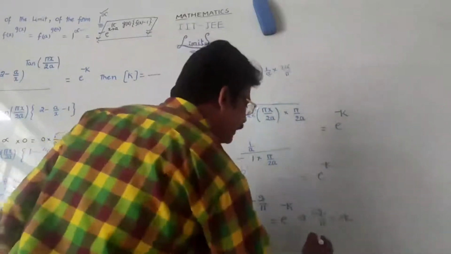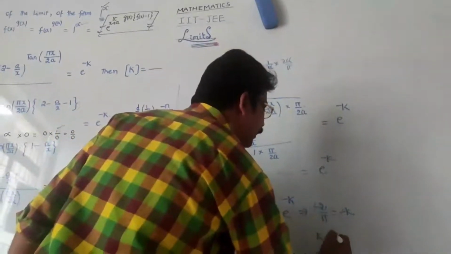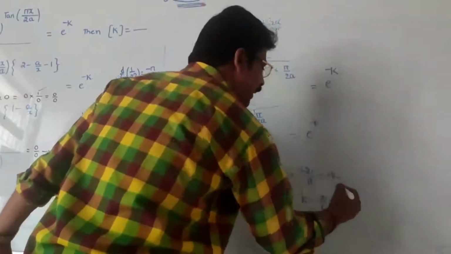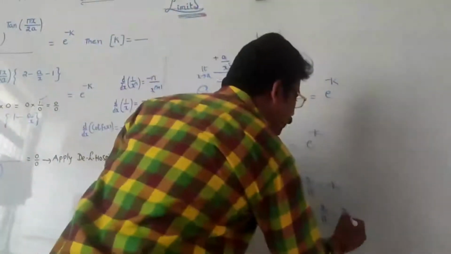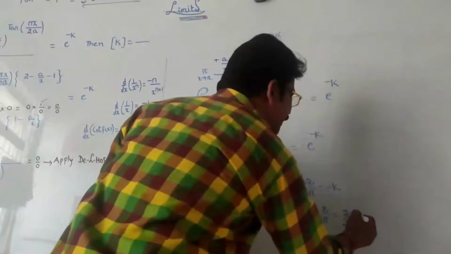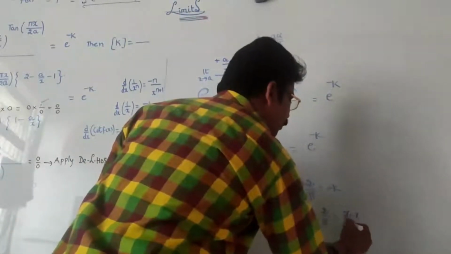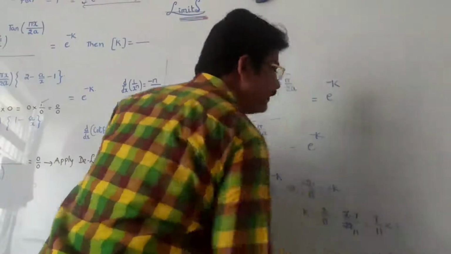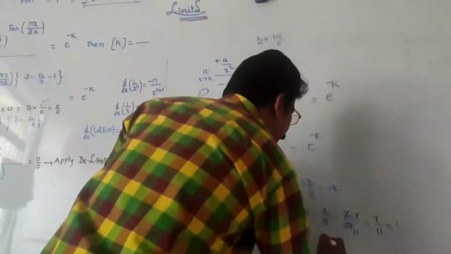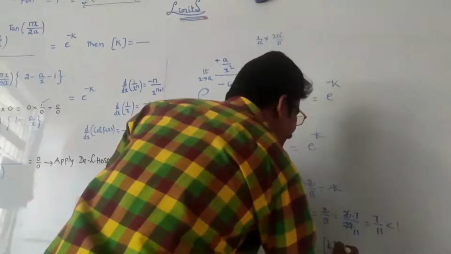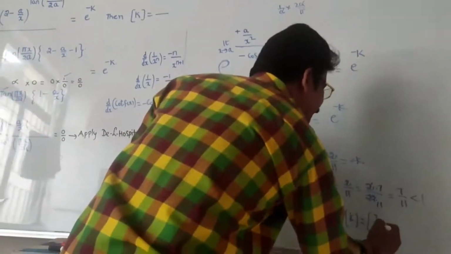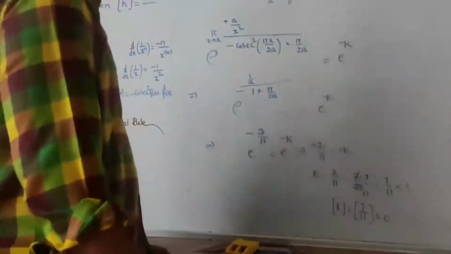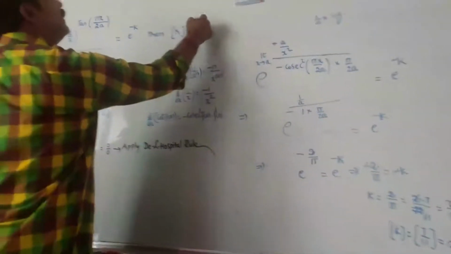Minus minus cancel, then k equal to 2 by π, which is approximately equal to 2 into 7 by 22, means 7 by 11. Of course it is less than 1. So therefore box of k is equal to box of 7 by 11, that is equal to 0. So therefore the answer is 0.